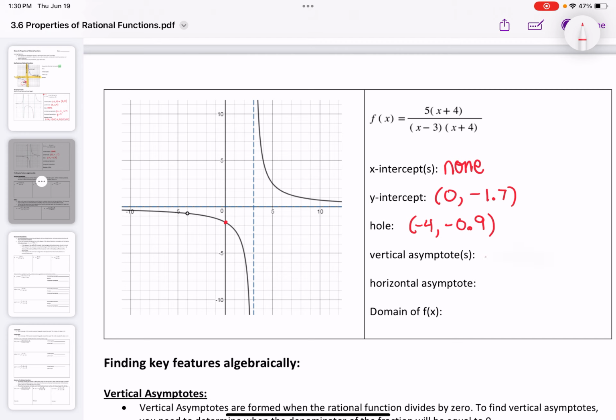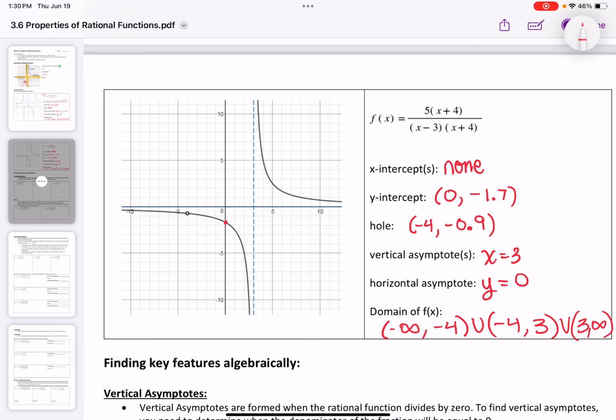Your vertical asymptote is at x equals 3. Your horizontal asymptote is at y equals 0. And the domain of this function will go from -infinity up to -4 because that hole is excluded from the domain, -4 all the way to 3, where that vertical asymptote is, and then 3 to infinity.